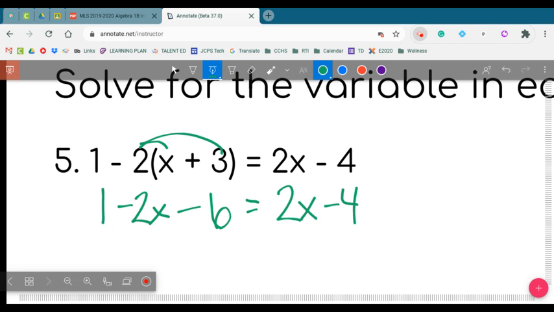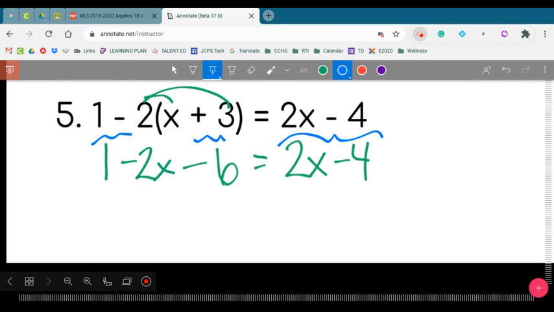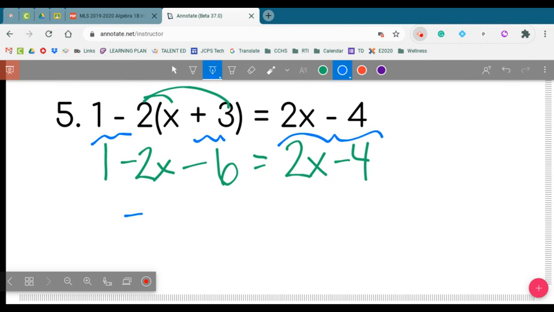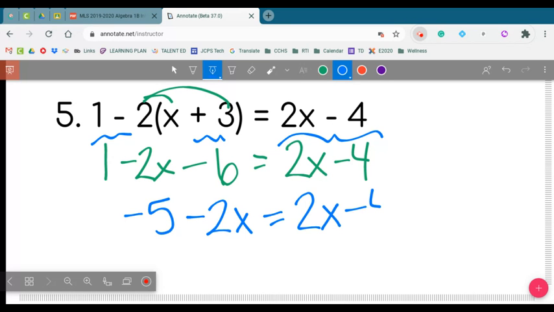Now I have to think, can I combine like terms? On this side, there's a variable and a constant. On this side, though, I have my 2 and I have my negative 6, so I can combine those. 1 minus 6 is going to give me negative 5 minus 2x equals 2x minus 4.